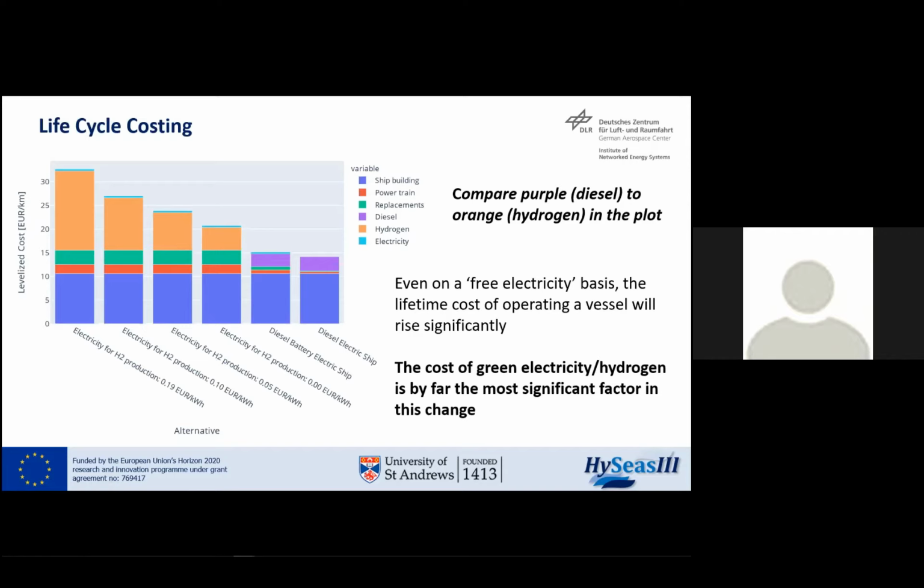And as you can see from these simple bar charts here, the cost of green electricity, which underlies the price of green hydrogen, is by far the most significant factor in this change. There isn't a huge amount of difference in the vessel cost itself. It's a bit more expensive, but if you're amortizing that additional capital over 30, 40 years of a vessel life, it's not a terrible thing.